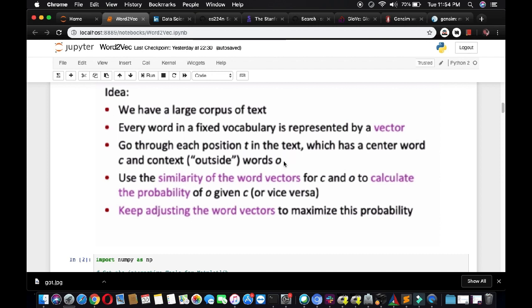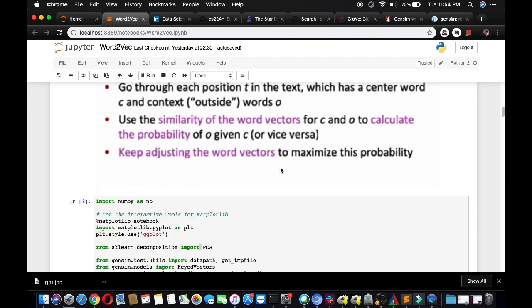So this is how we come up with it. We will repeat this with every word, and we'll come up with a vector representation of each word. Okay, so this is there.